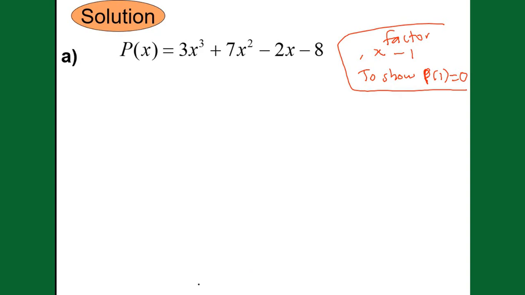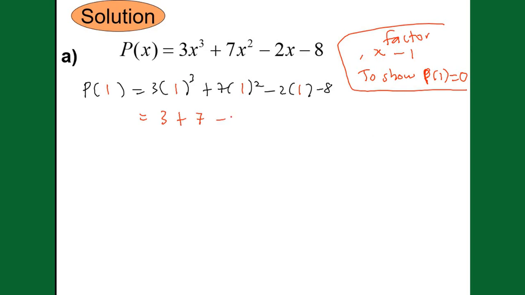To show P of 1 is equal to 0. Then substitute P of 1, 3, 7, 2 minus 8. Tengok satu sebelah-sebelah je kan. 1 1 1 1. Confirm dia 0 tapi sajalah. Bagus tu juga ni. Tapi confirm 0. Okay, is equal to 0.